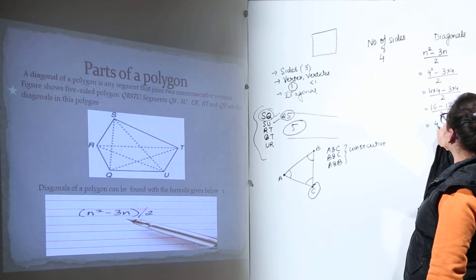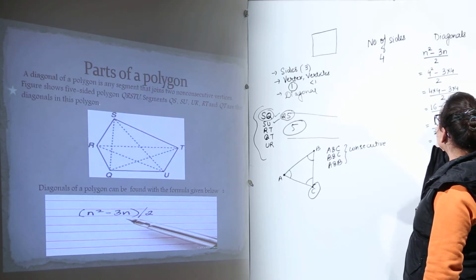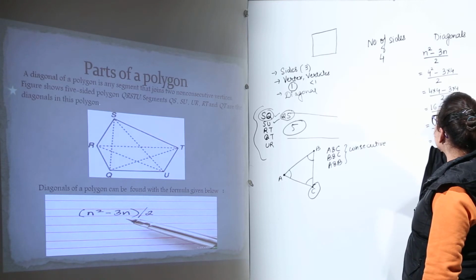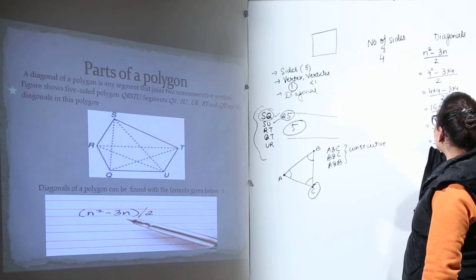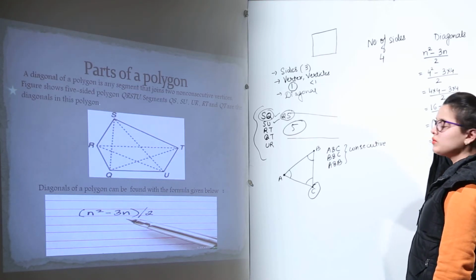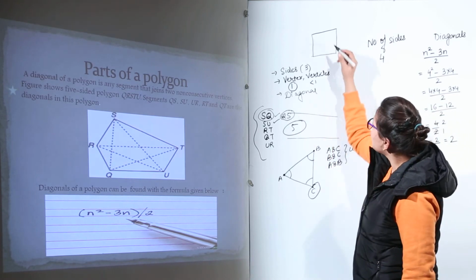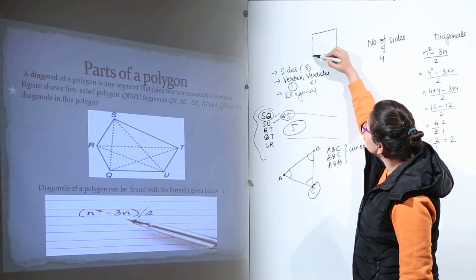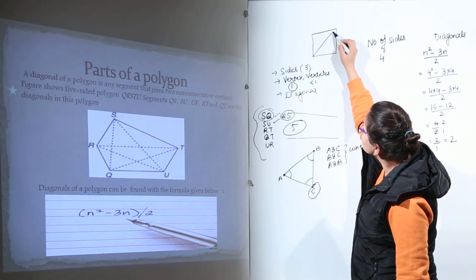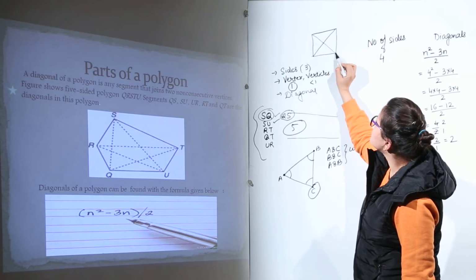That solves to 4 divided by 2, and if you cancel this out, you cut it with 2, 2 1s are 2 and 2 2s are 4. So 2 upon 1, or if you divide 2 with 1, you get 2. That means if you have a 4-sided shape, you would get 2 diagonals. That means there are only 2 diagonals possible in this case.